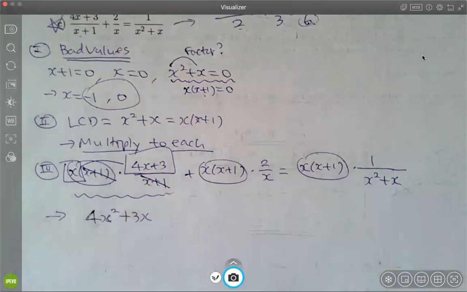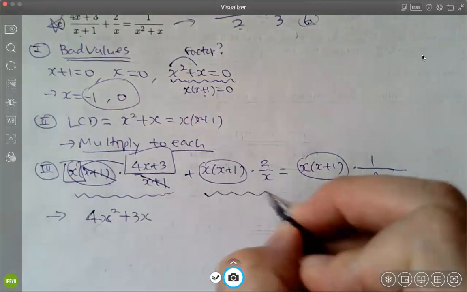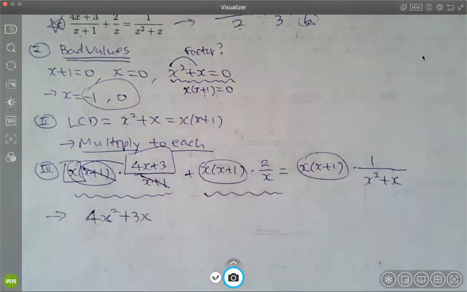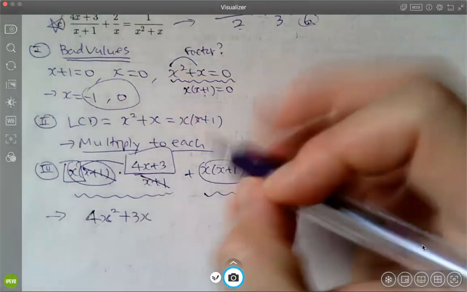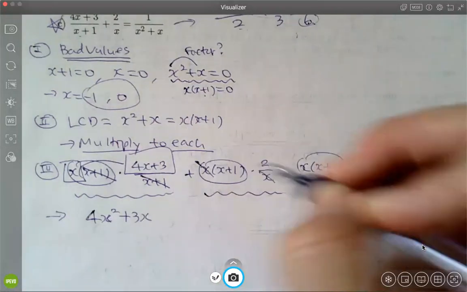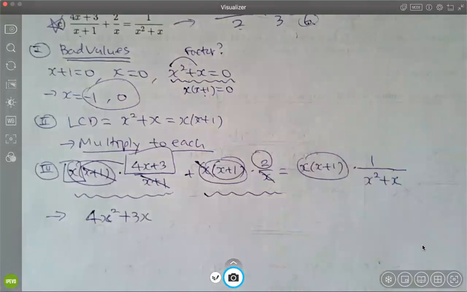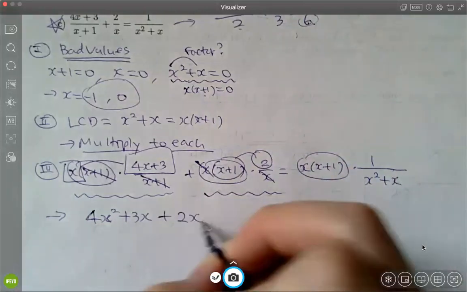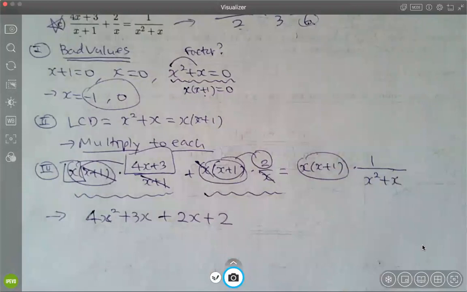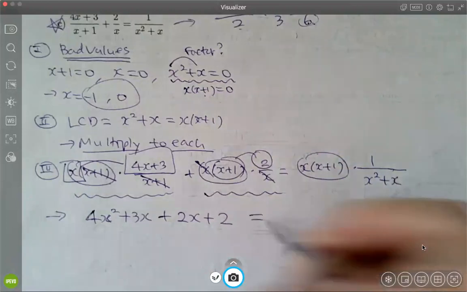Okay, and now simplify the second product. Take the x out. Cancel x, and you are multiplying x plus 1 and 2. So you are distributing 2, and you have plus 2x plus 2. Now simplify the last product.